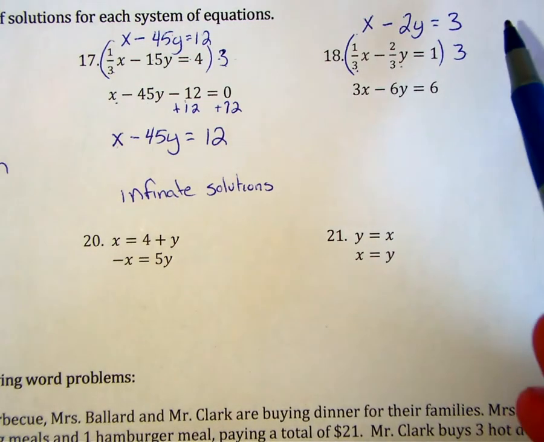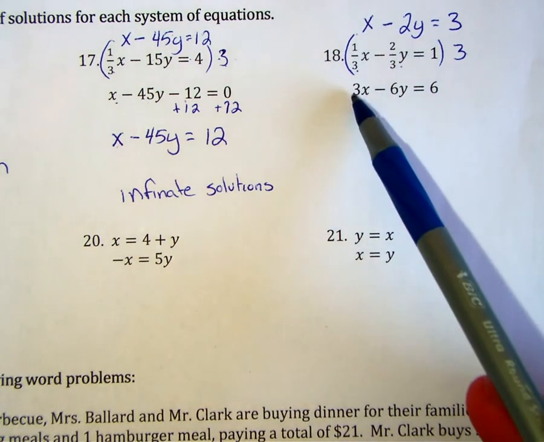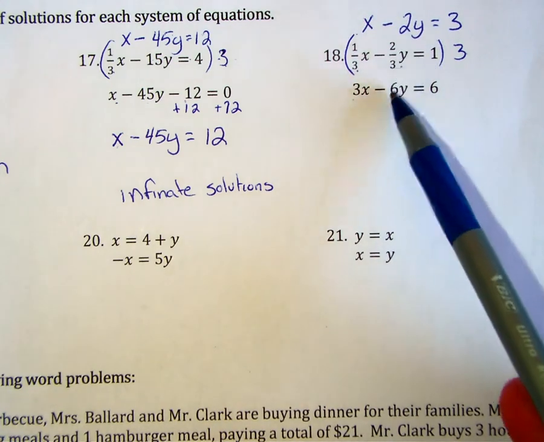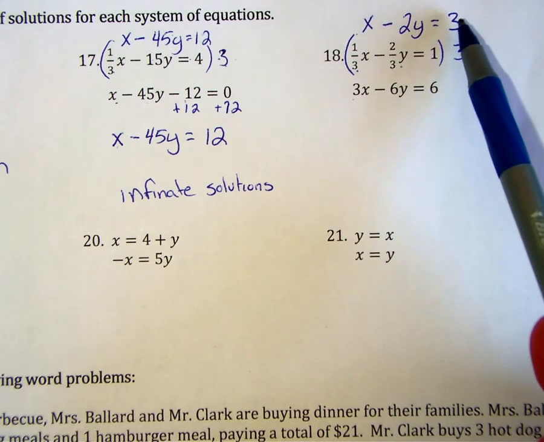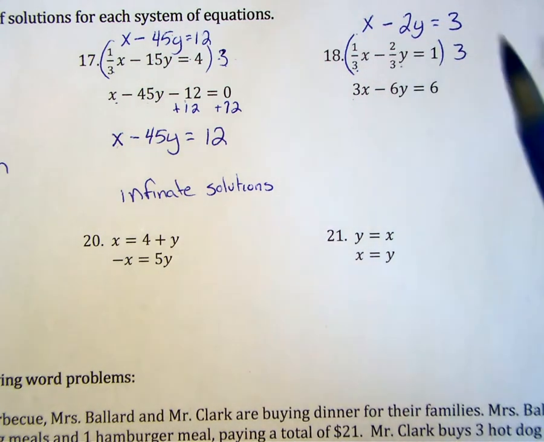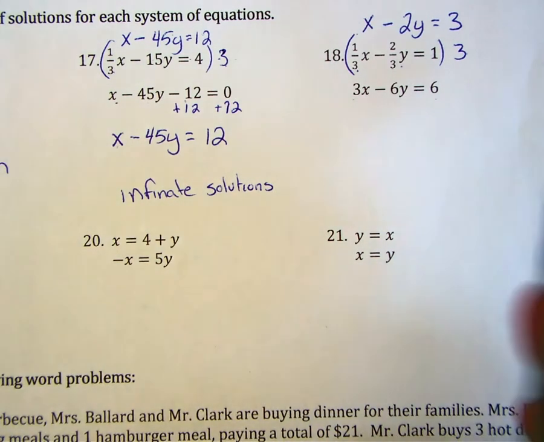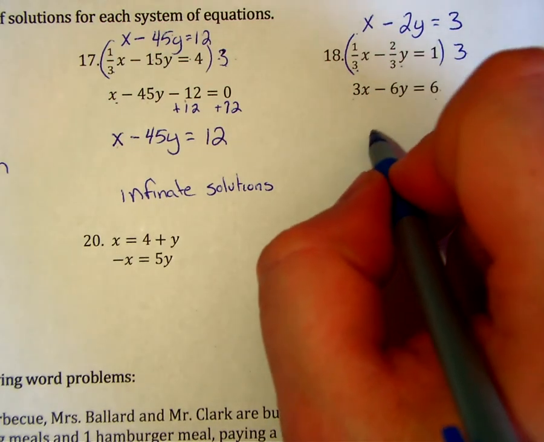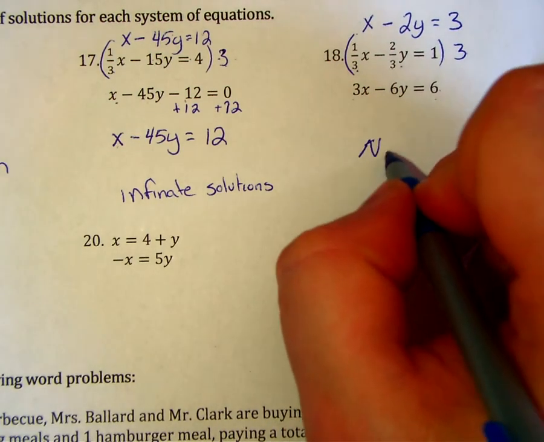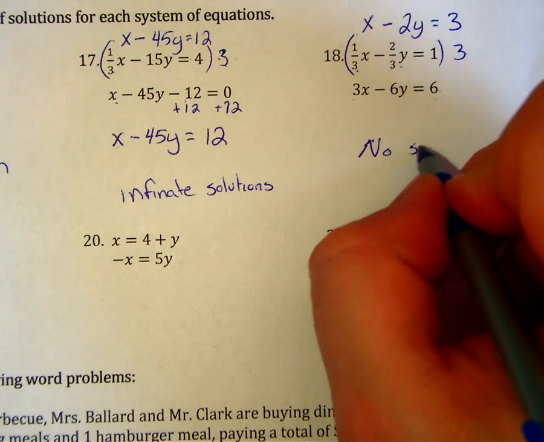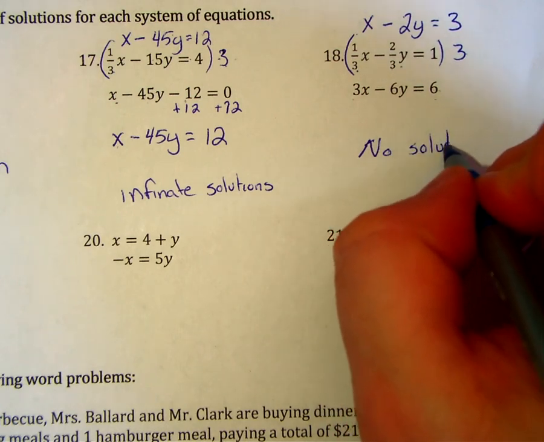Now I want to look for a factor. 1 times 3 gives me 3. Negative 2 times 3 gives me negative 6. 3 times 3 gives me 9, not 6. So since I ended up with a different value here, I know right away that I'm going to end up with two parallel lines. And two parallel lines will have no solution.